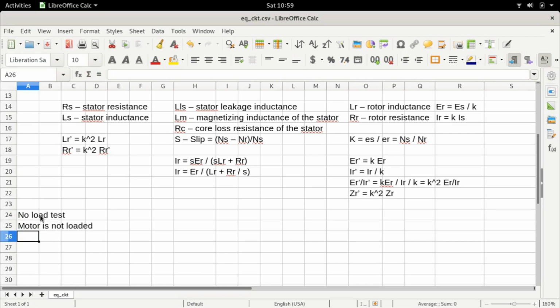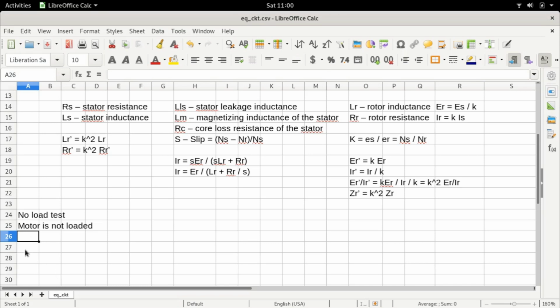Because remember, the rotor also has a certain inertia, and therefore there is a certain minimum load that comes with the rotor. But other than this, we are not adding any separate load to the motor. So for example, if you're talking about a pump, this pump is not actually pumping any fluid. It is just running in the no-load state.